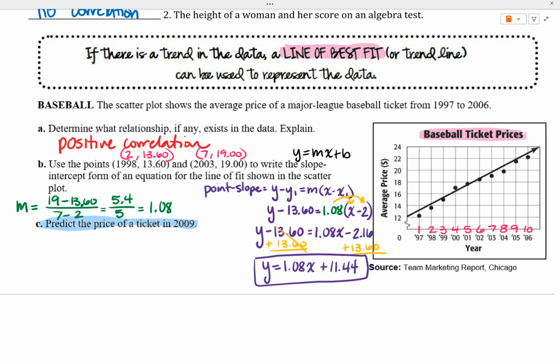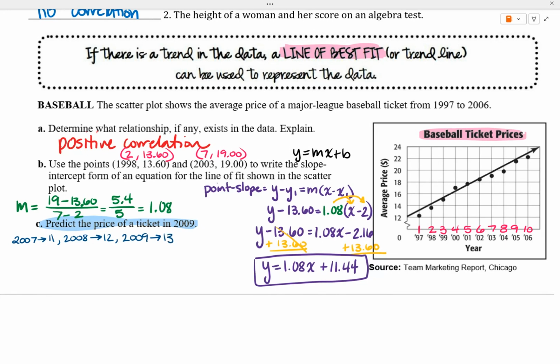So 2006 is year 10. So you can do this. 2007 would be year 11. 2008 would be year 12. And then 2009 would be year 13.